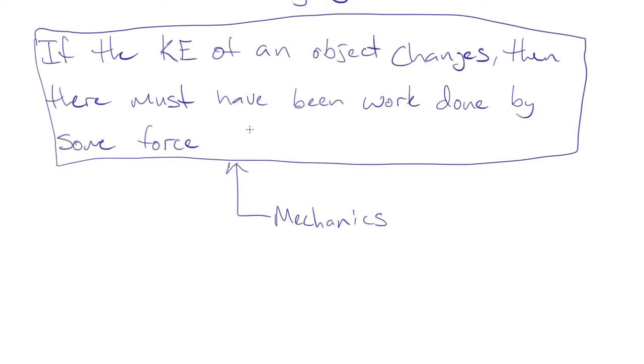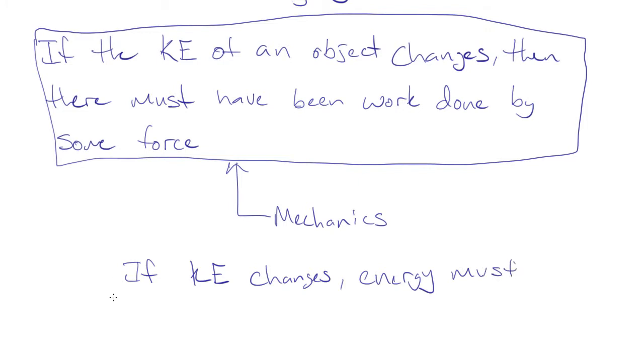I like to state this in a slightly different way. If the kinetic energy of an object changes, then there must have been some other energy added or taken away. So if kinetic energy changes, then energy in some form must have been added or taken away.